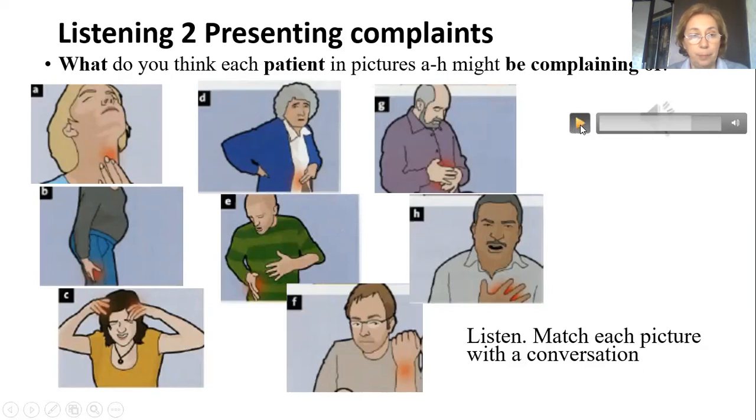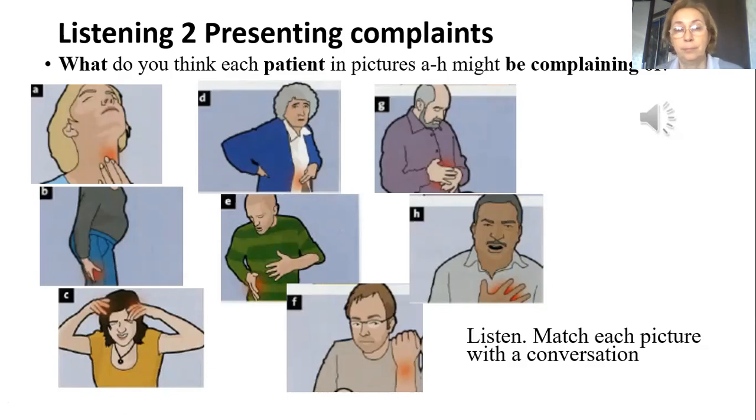B. B. B. B. 7. What can we do for you? I feel as if there's a tight band squeezing all the way around my head. C. C. Picture C. 8. What's brought you here? I've got this crushing pain right here in my chest. It's H. F. Picture H. You are right. H. Okay.